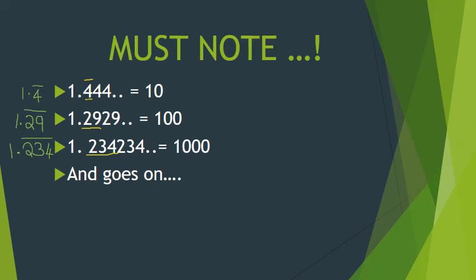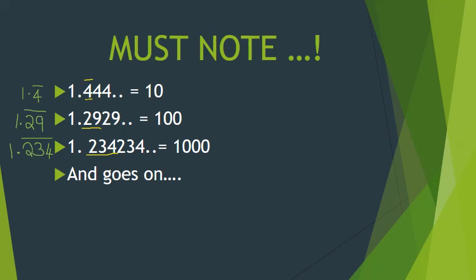Similarly, if there are four different numbers repeating after the decimal point, the place value will be 10,000. If there are five different numbers repeating, the place value will be 1 lakh. Similarly, the pattern goes on.